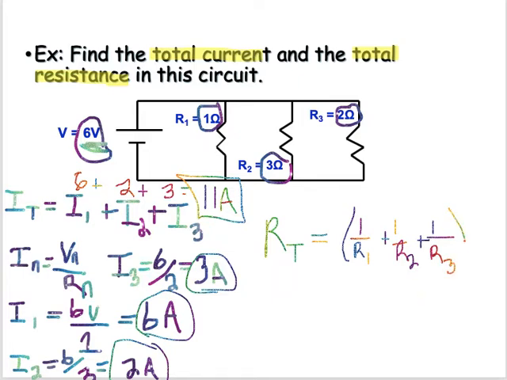If we had more resistors, we would also add them in there, right? And I'm going to take all of that to the -1. So give me a second because I forgot to grab my calculator, and then we'll get that taken care of. Just a second.